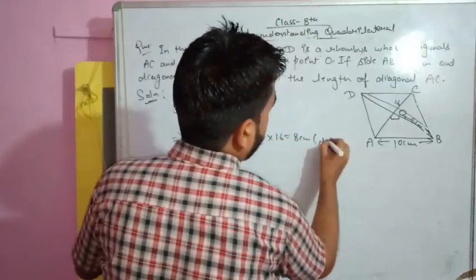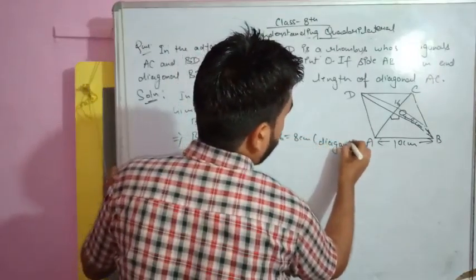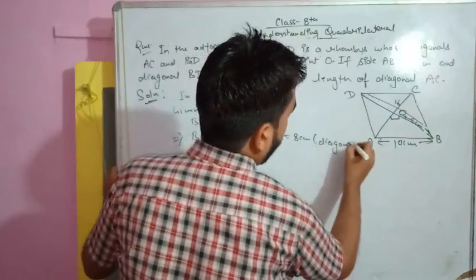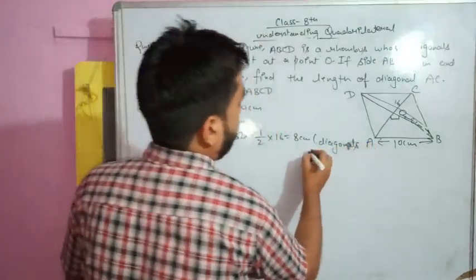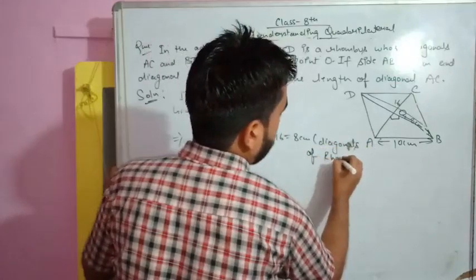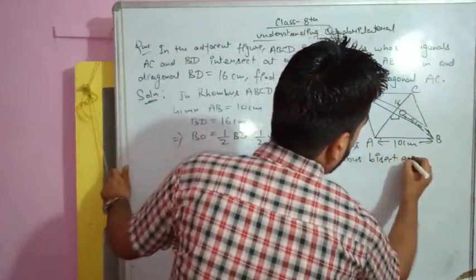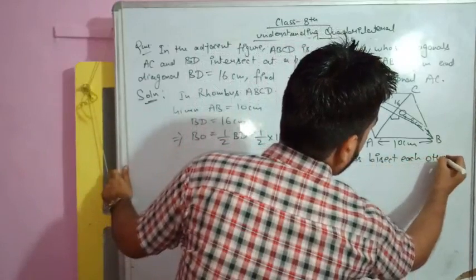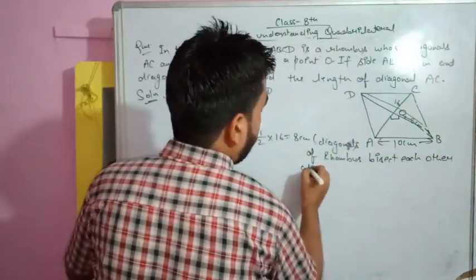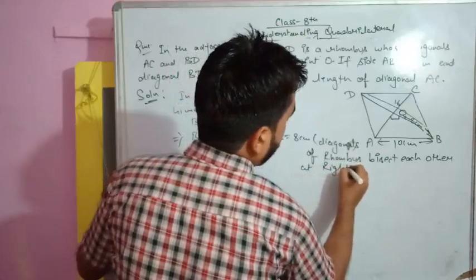In bracket we will mention the property. That's very important. Whenever you use any property, you mention it in bracket. Diagonals of rhombus bisect each other. And there is one more property: not only bisect each other, but at right angle. That is also very important.